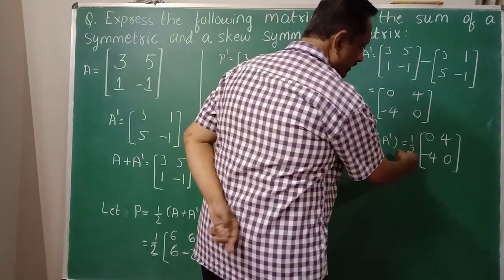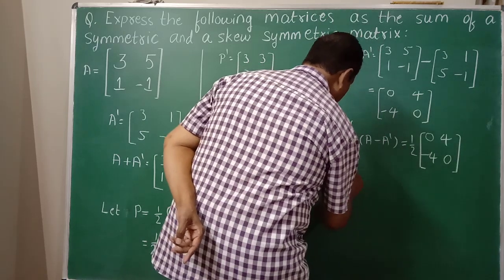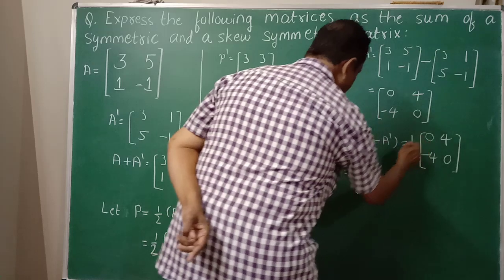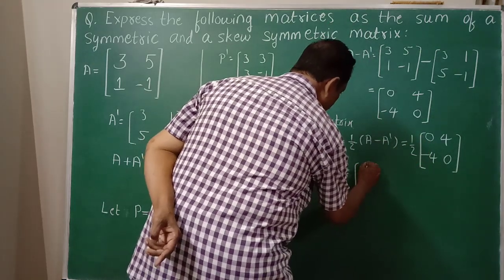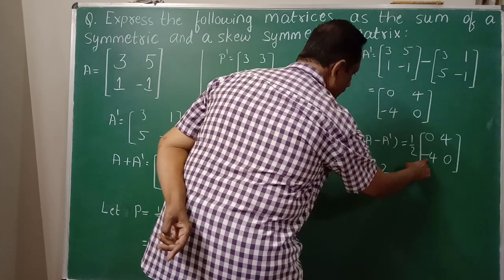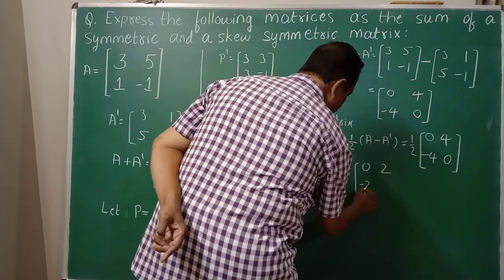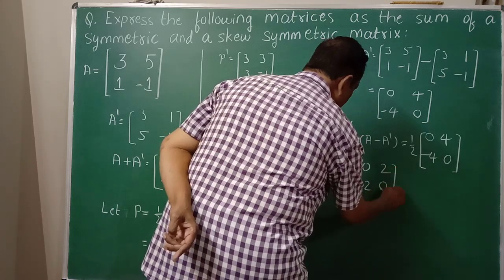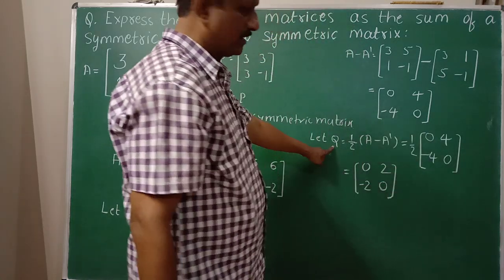Then take 1 by 2 inside the matrix. Therefore this is equal to 0, 4 into 1 upon 2 becomes 2, minus 4 into 1 upon 2 is minus 2, and 0 into 1 upon 2 becomes 0. So this is the matrix Q.